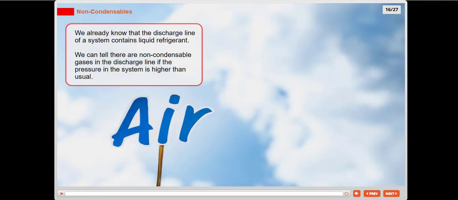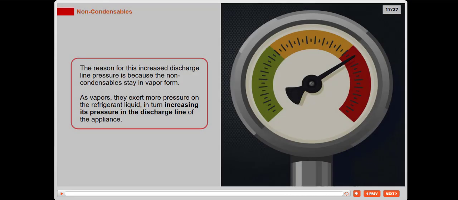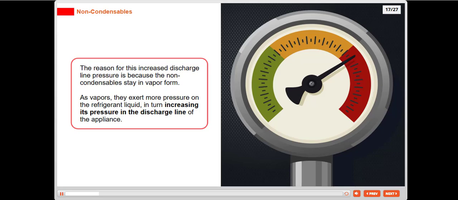We already know that the discharge line of a system contains liquid refrigerant. We can tell there are non-condensable gases in the discharge line if the pressure in the system is higher than usual. The reason for this increased discharge line pressure is because the non-condensables stay in vapor form.